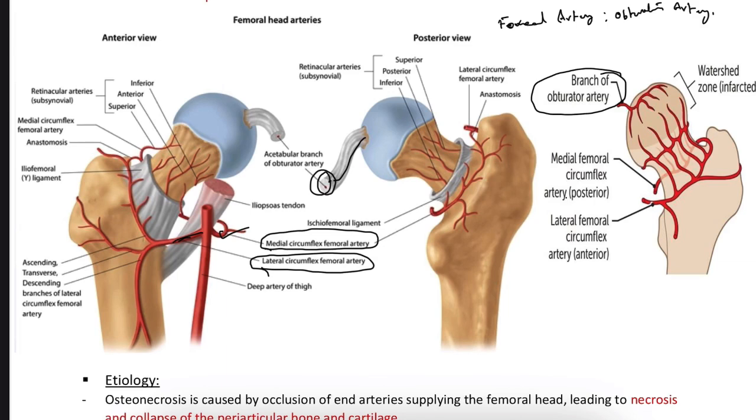This is very important in children. In children, if a fracture happens, this artery can tear, and there can be a lot of bleeding, hematoma, and this type of thing.